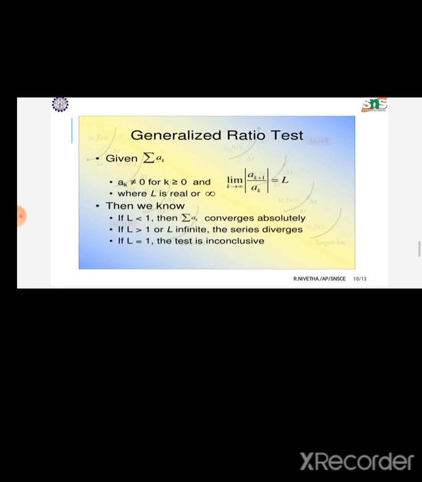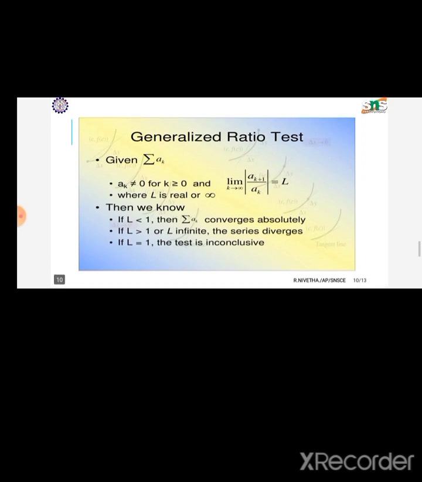If L is less than 1, then the summation of a_k converges absolutely. If L is greater than 1 or infinity, then the series diverges. If L equals 1, then the test is inconclusive. This is the ratio test.